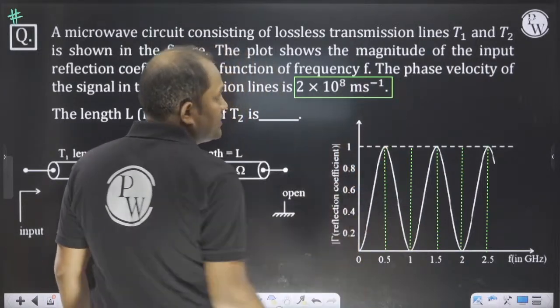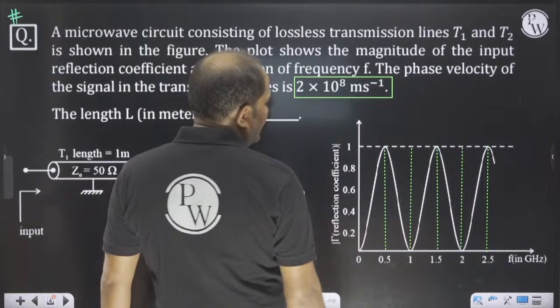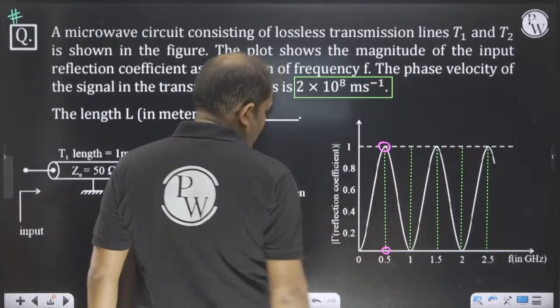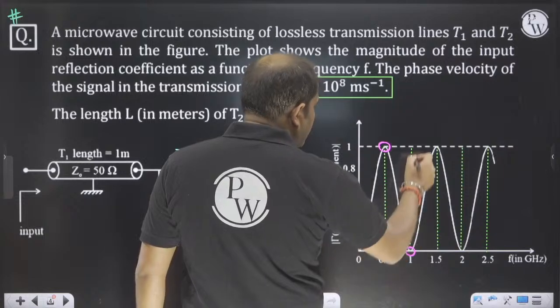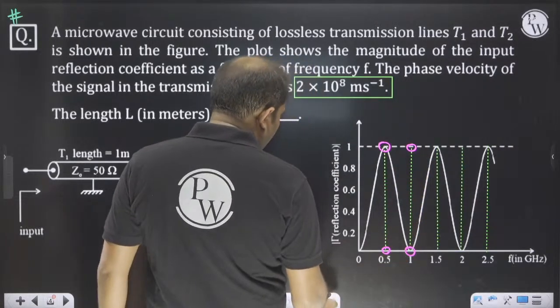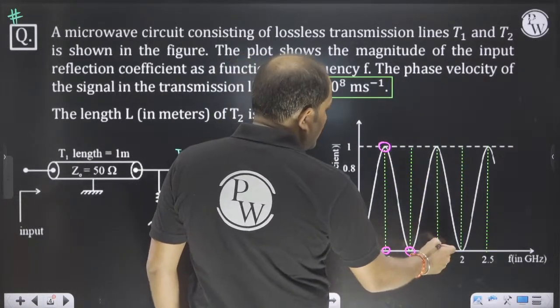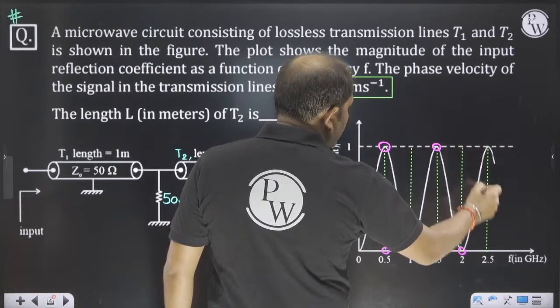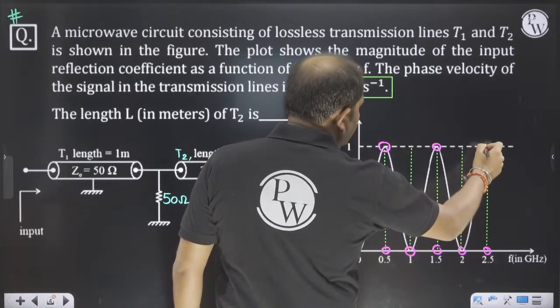First of all, they have given the phase velocity, which is very important. The reflection coefficient at 0.5 gigahertz is maximum, 1, and at 1 gigahertz it is minimum, 0. At 1.5 gigahertz it is 1, at 2 gigahertz it is 0, and at 2.5 gigahertz it is 1.